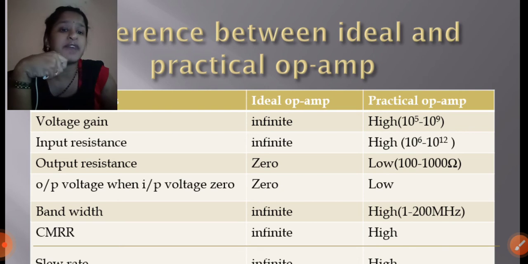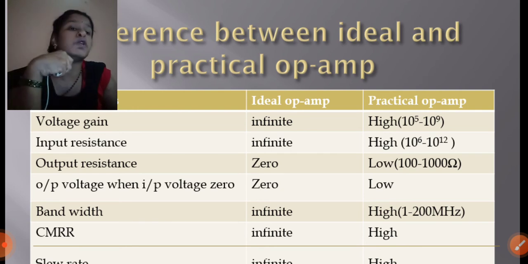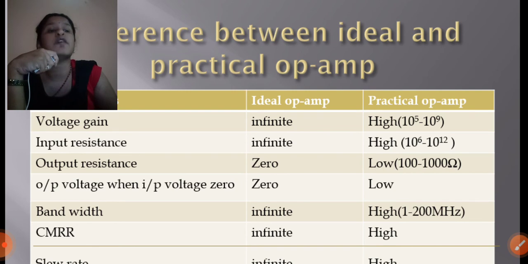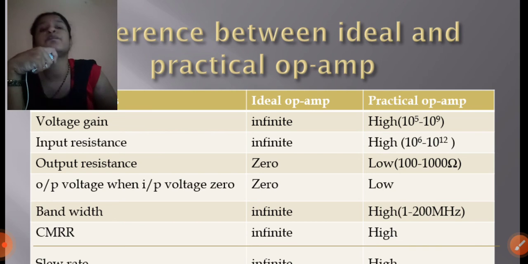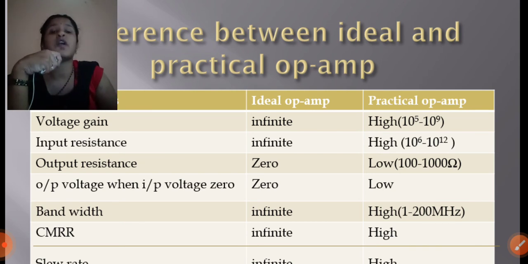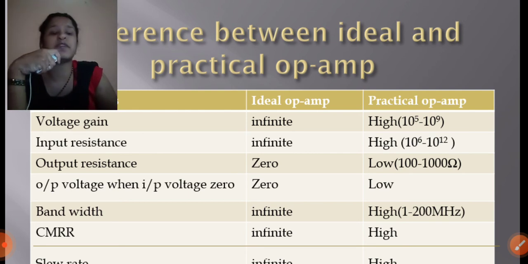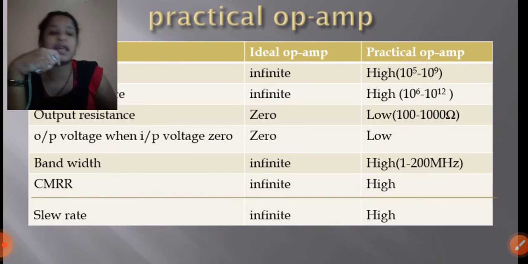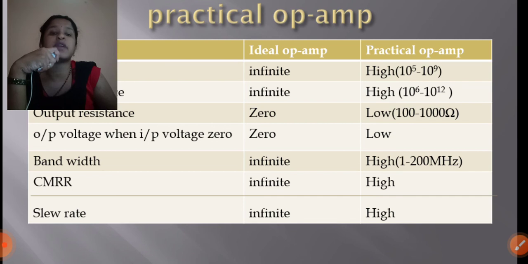For a practical operational amplifier it is high, 1 megahertz to 200 megahertz, which is too high, right? CMRR, the common mode rejection ratio, is infinite ideally, and practically it is very high. And the slew rate is infinite ideally, and too high for the practical operational amplifiers.